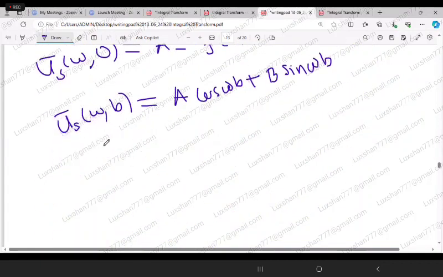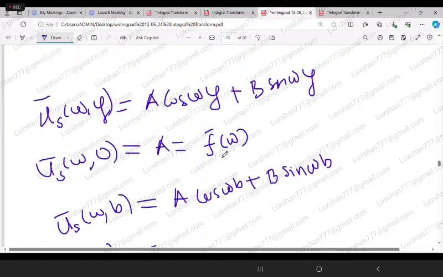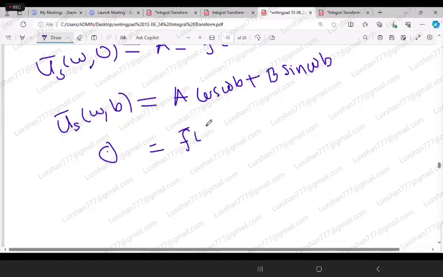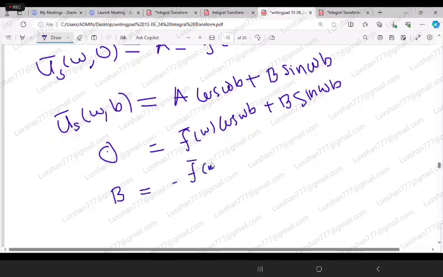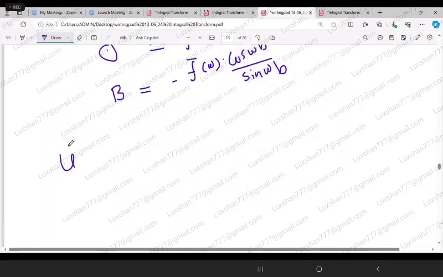So this one is 0, equal to a, we have found F bar omega cos omega b plus b sin omega b. Therefore, b is equal to minus F bar omega cos omega b over sin omega b.